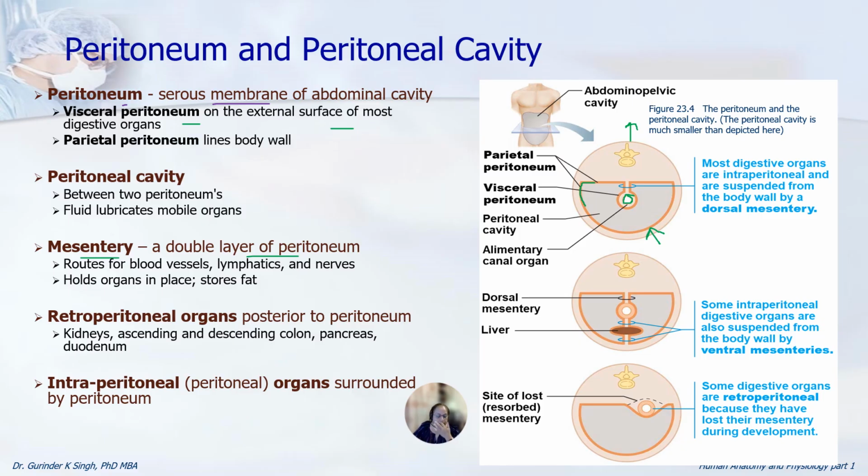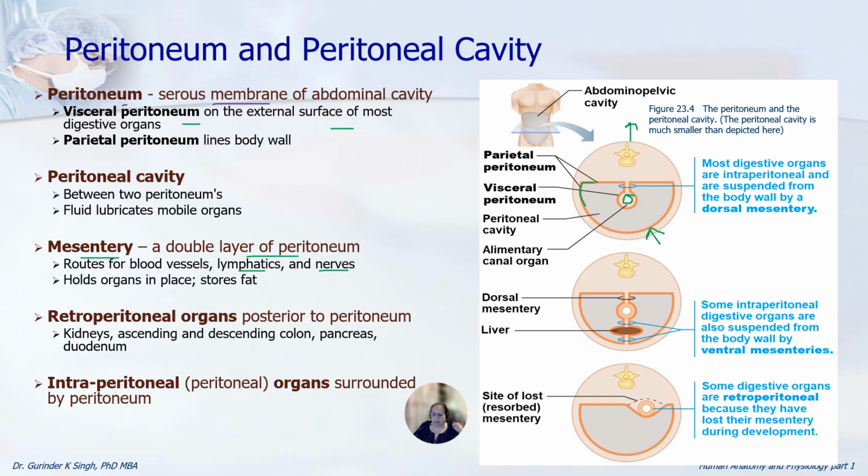The mesentery contains blood vessels. They also contain lymphatic vessels, and they also have nerves. Okay, the mesenteries hold all the organs in place, and mesenteries also can have a lot of fat stored in there too.